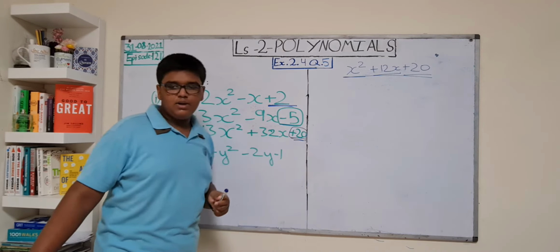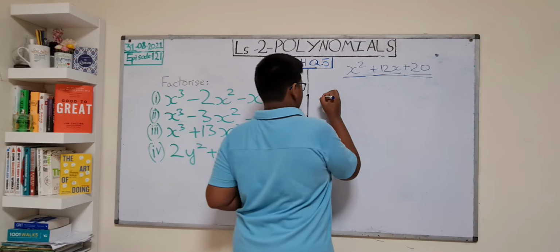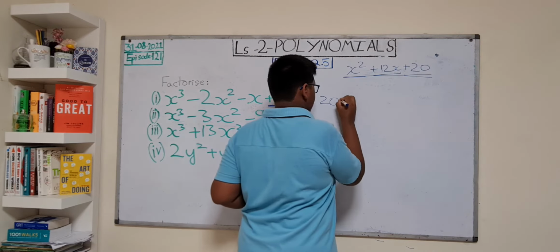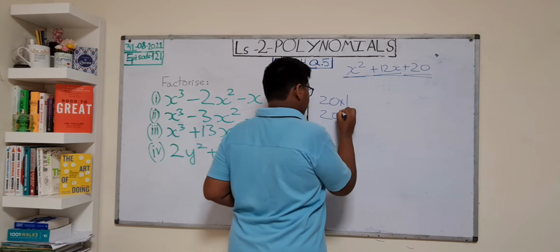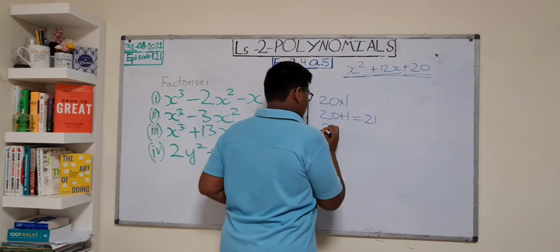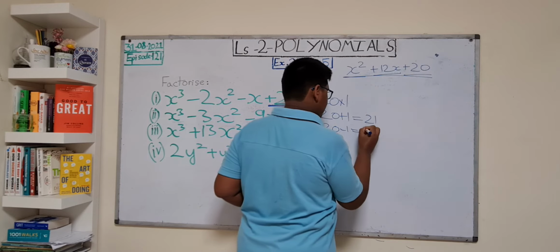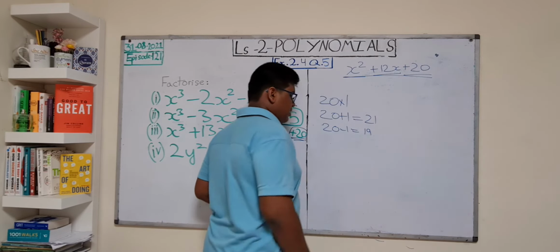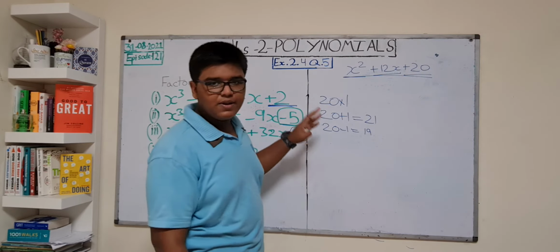So if we take 20 into 1, 20 plus 1, we get 21. But if we take 20 minus 1, we get 19. Then like this we are not getting 12 with 20 into 1.